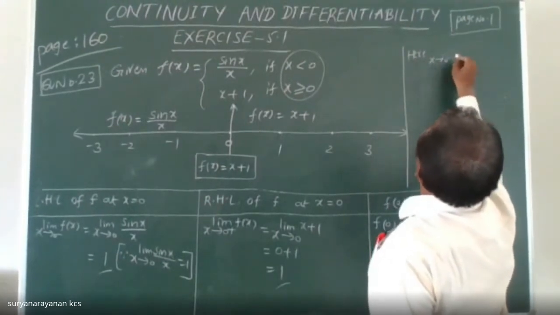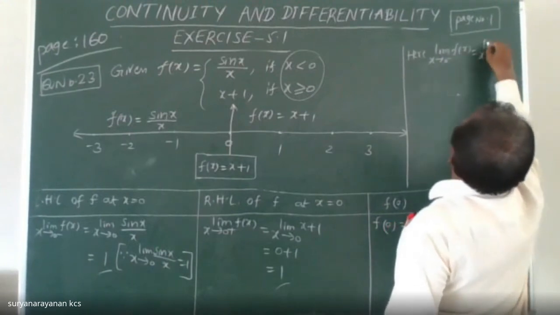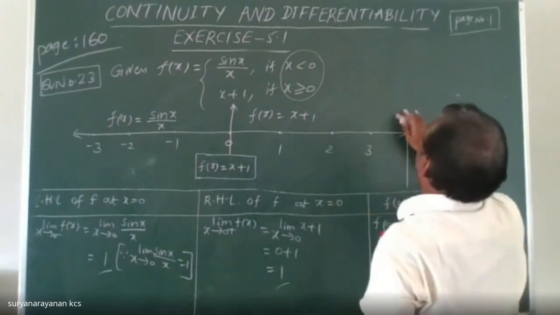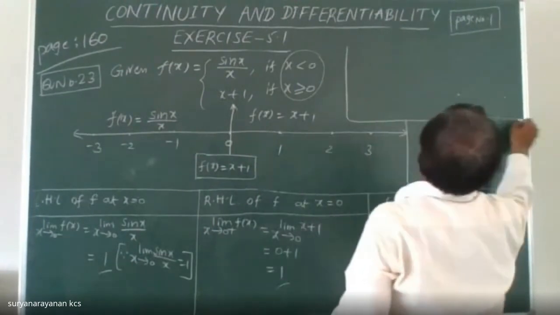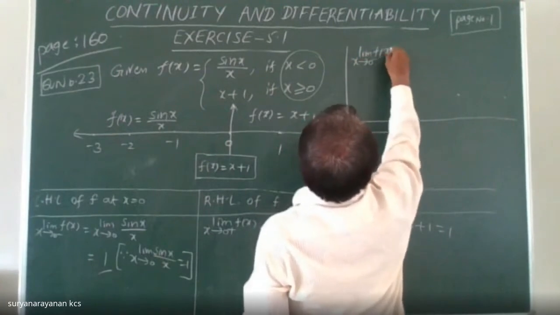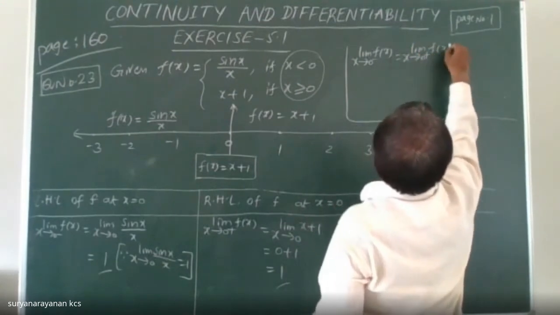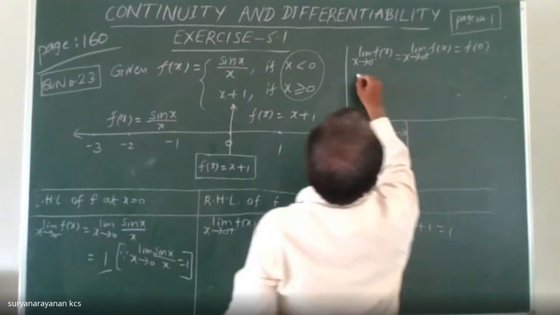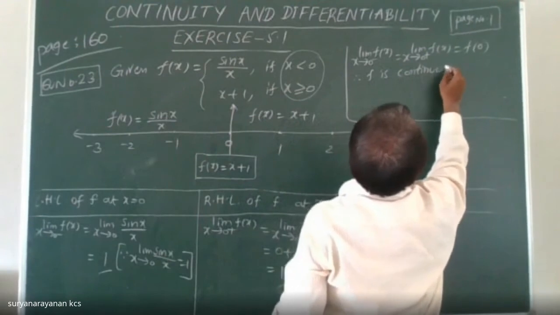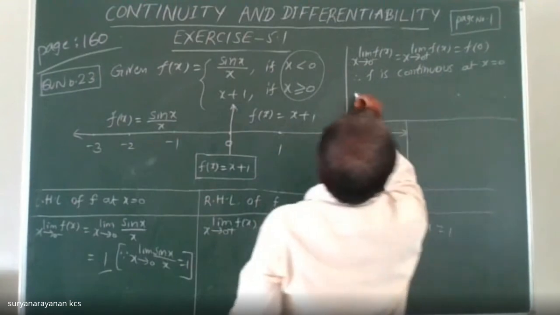Limit as x tends to 0 minus of f of x is equal to limit as x tends to 0 plus of f of x. Therefore, f is continuous at x is equal to 0.